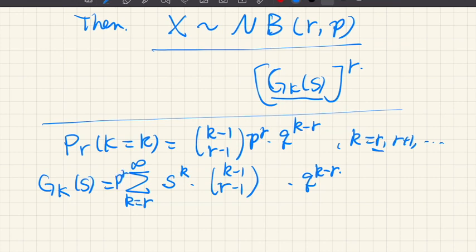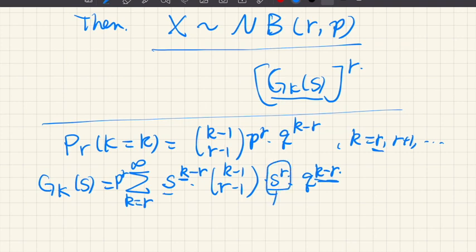And if you compare the powers of this s and this q, they are a little bit different, but they can be made the same by subtracting r here and multiplying by s to the r.